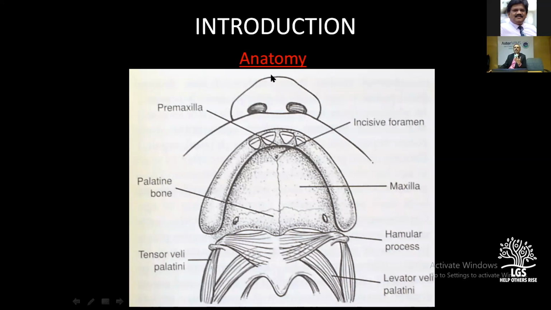At the top, it sees the dome of the nostril, the nasal apertures, the columella, the upper lip, the alveolus with the teeth, the anterior palate, the incisive foramen, the hard palate, the soft palate, and the uvula. So you have to use your imagination and consider this as a worm sitting on the lower lip with the mouth wide open, looking up. And this is the picture that the worm is going to see.